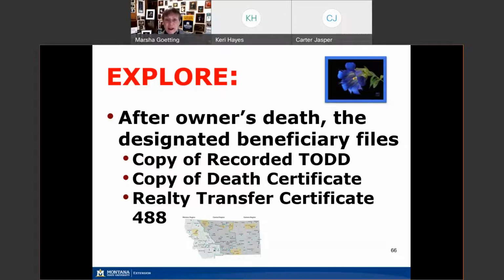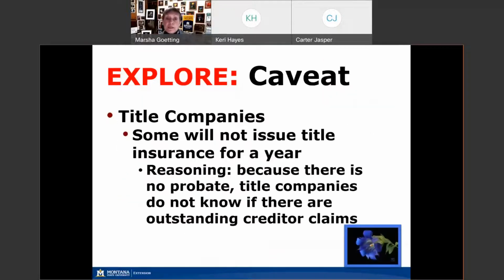I go, what? How could you do that? Well, so she told me. And there were all these other things to think about that I had not considered. So now we have an 8-page MontGuide. So I really want you to take a look at that MontGuide, read it more than once before you think about filing a beneficiary deed.